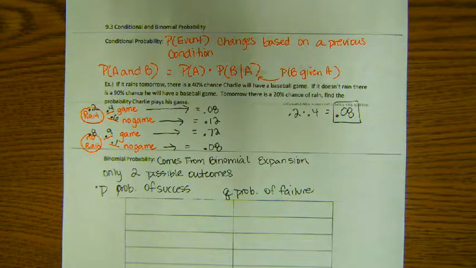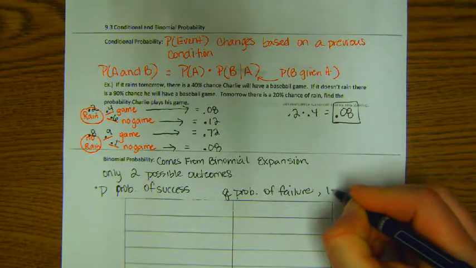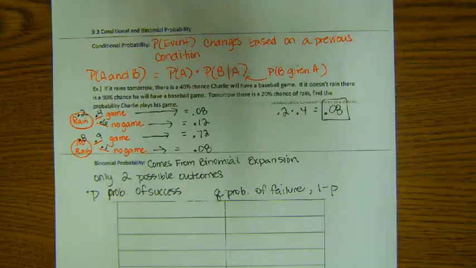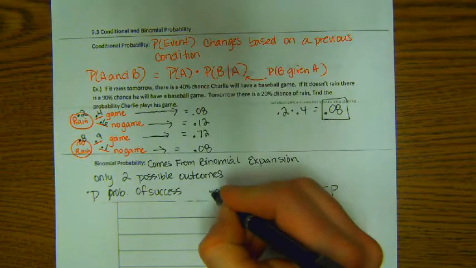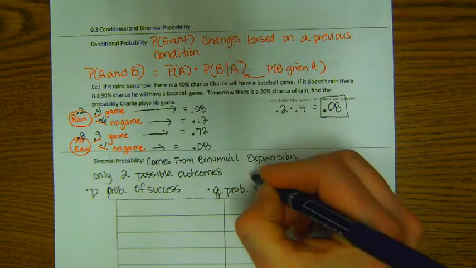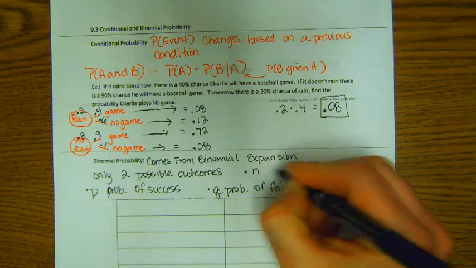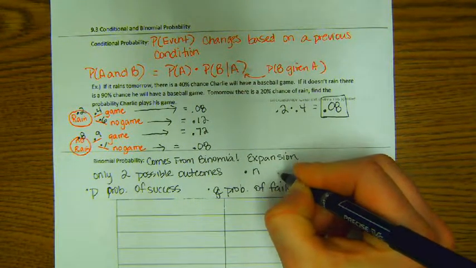You're always going to get Q by taking 1 minus P. I hope that makes sense. If there's only two probabilities, don't those two have to add up to 1? And finally, you're going to see an N, and N is just the number of independent trials.